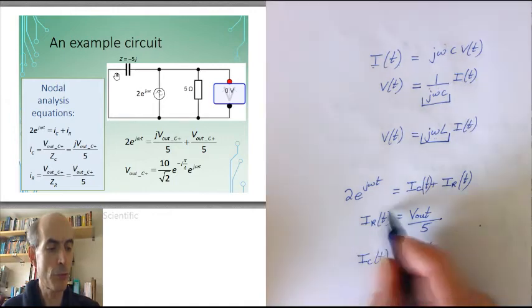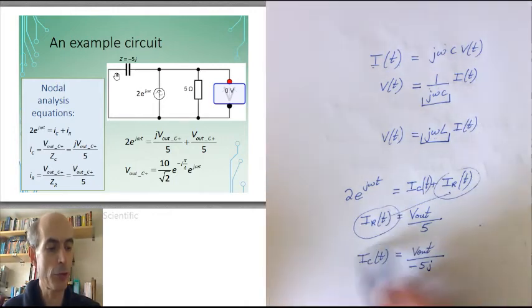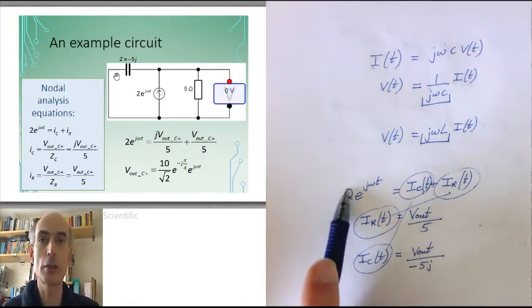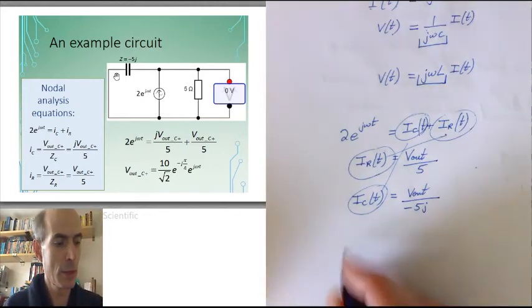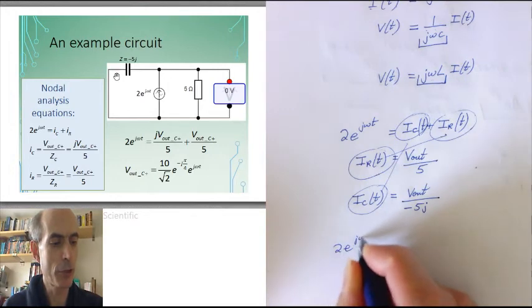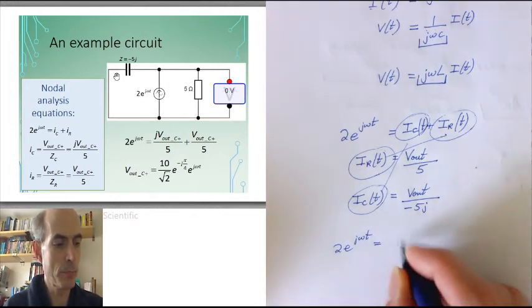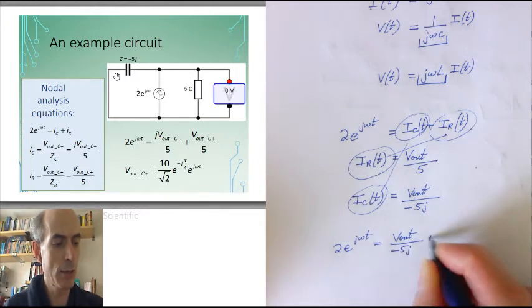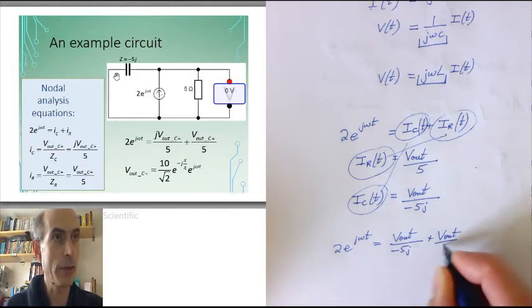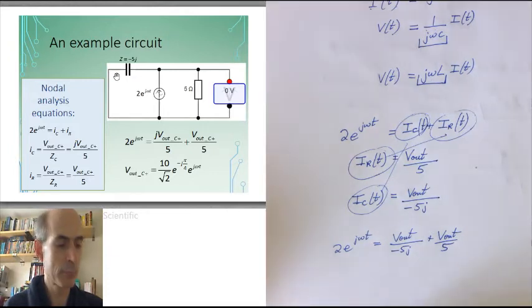If I substitute these current values into this Kirchhoff's current law expression up here, that would give me 2e to the j omega t equals V out over minus 5j plus V out over 5, which is V out times 1 over 5 plus 1 over minus 5j.